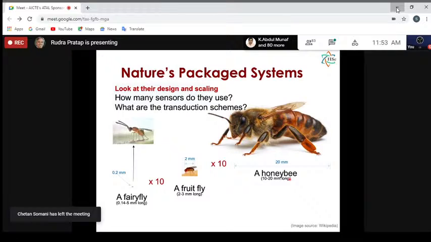So this is a simple capacitive touch screen, right?